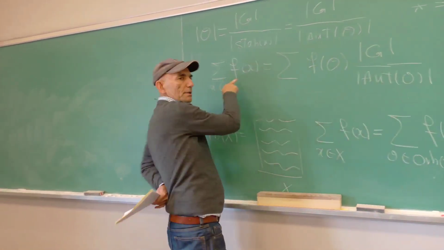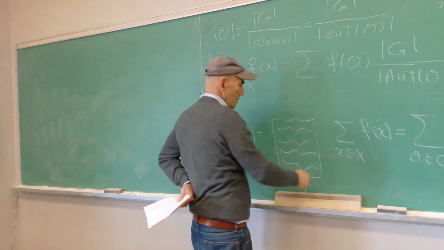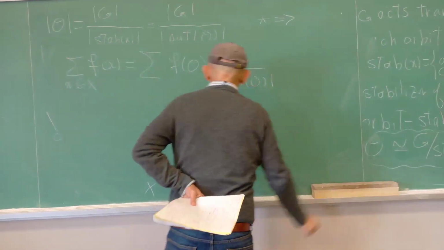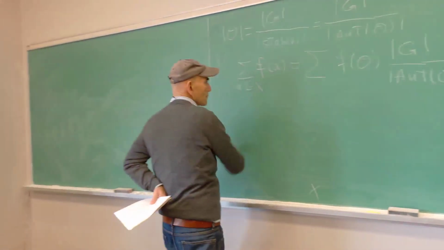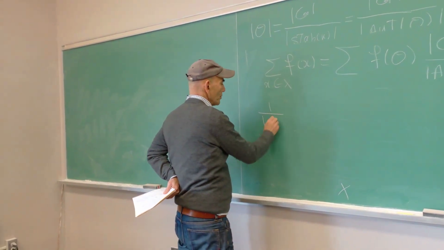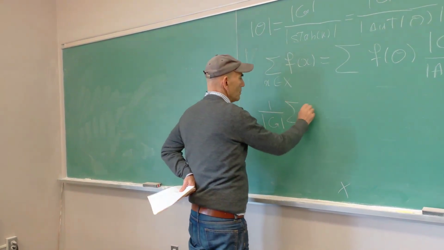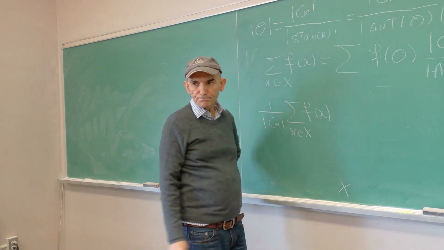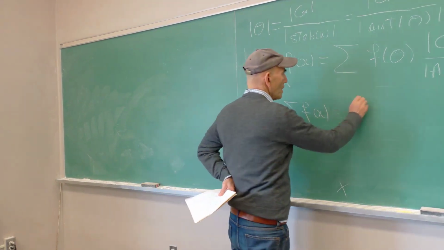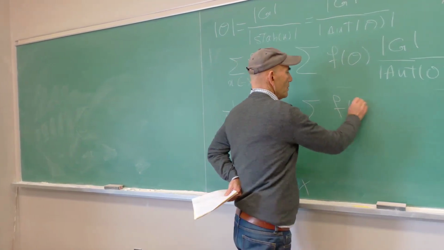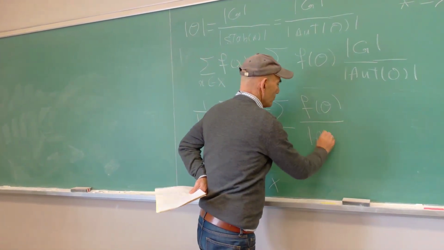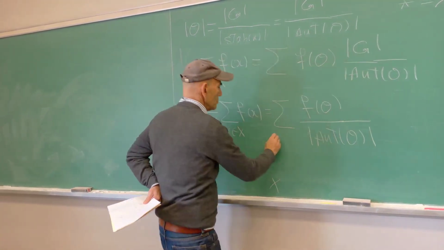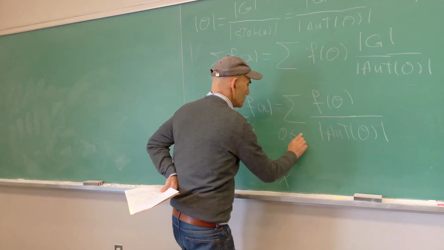Then I can divide the left hand side by the order of G, and we get the formula: 1 over the order of G times the sum of f(x), x belonging to X, is equal to the sum of f(O) divided by the order of the automorphism group of O, for O belonging to orbits of X.